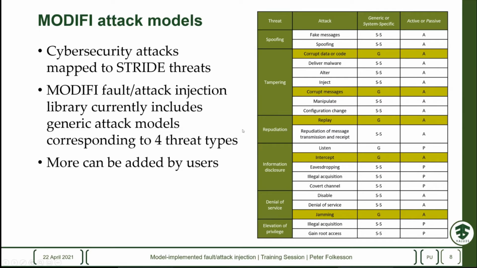We have repudiation, which are threats related to actions being not traceable to the attacker. We have information disclosure threats, which are threats related to illegal access to data. We have denial of service threats, which are threats related to resources being unavailable or disabled. And finally, we have elevation of privilege threats, which are threats related to increased privilege for accessing unallowed resources in the system.